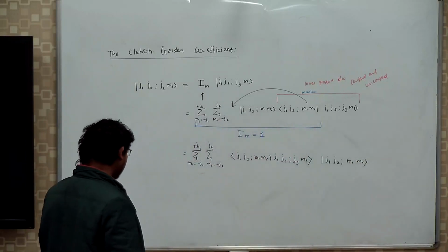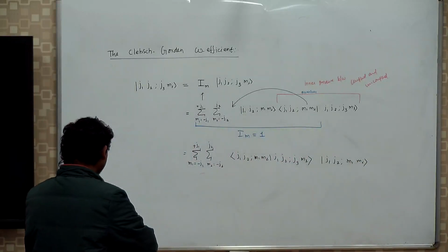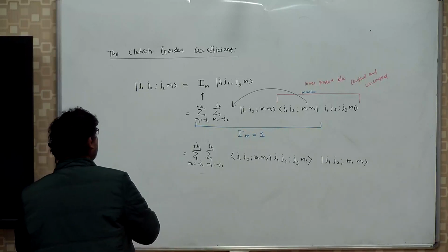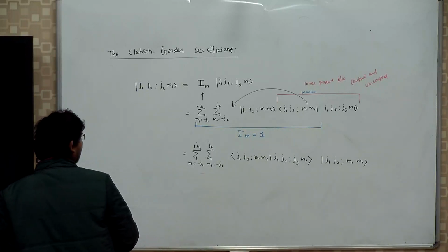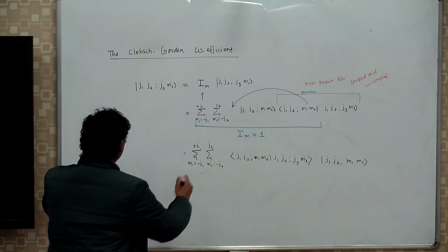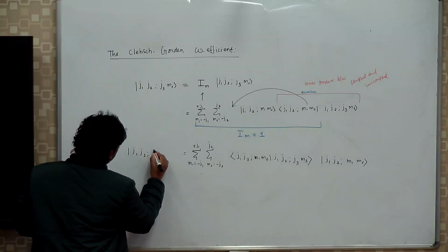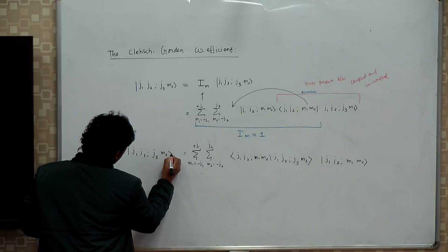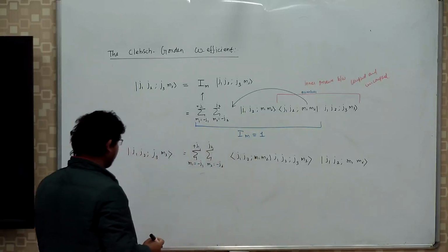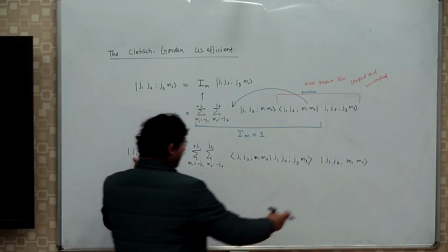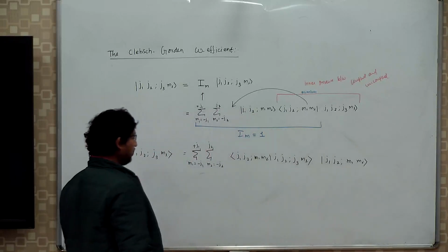If you look at this expression and compare with the first expression, if you write it as |j1 j2 j3 m3> and compare both sides, this term is there, this term is also here, there is no problem.